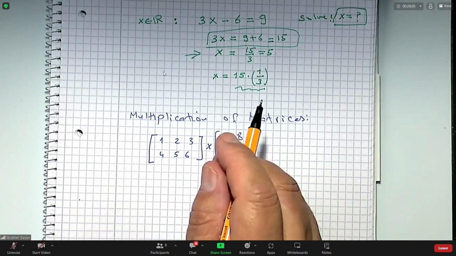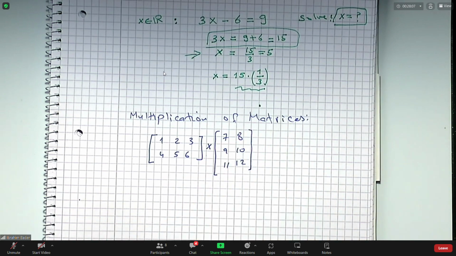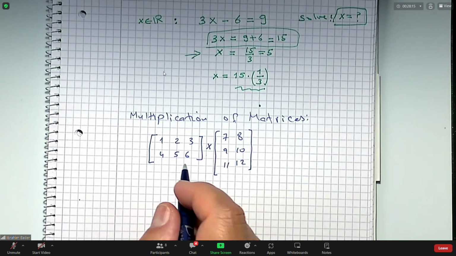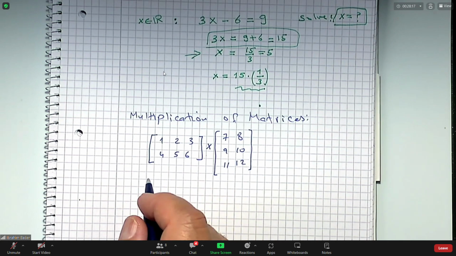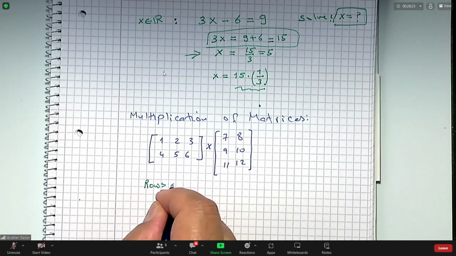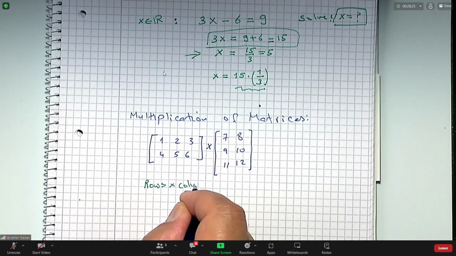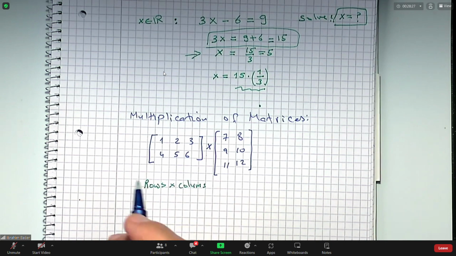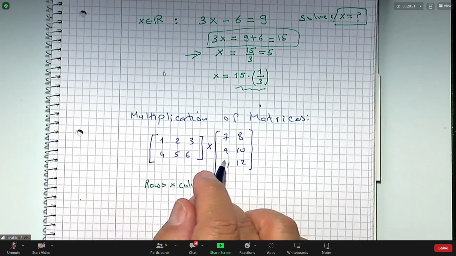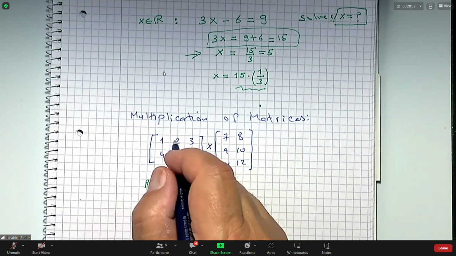Now, before we start, what are the dimensions of these matrices? Who's going to tell me the dimension of the matrix on the left? You remember we agreed that we write rows times columns. This is the dimension of a matrix: number of rows multiplied by number of columns.